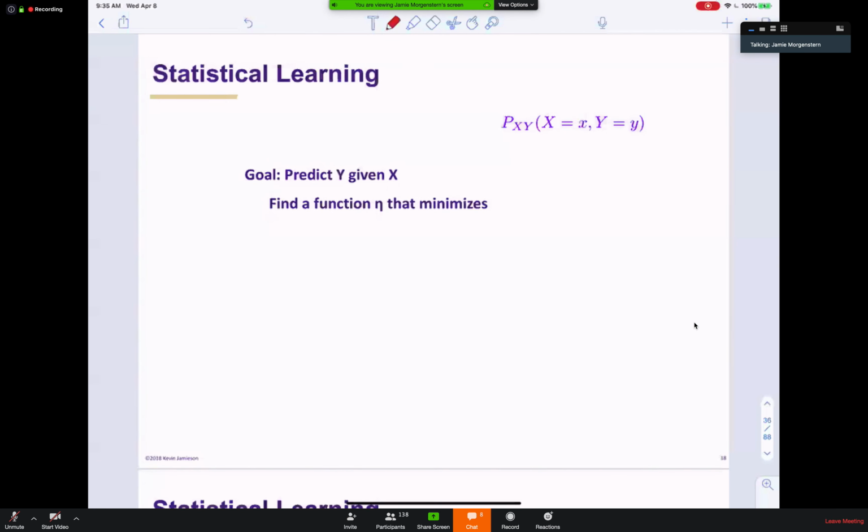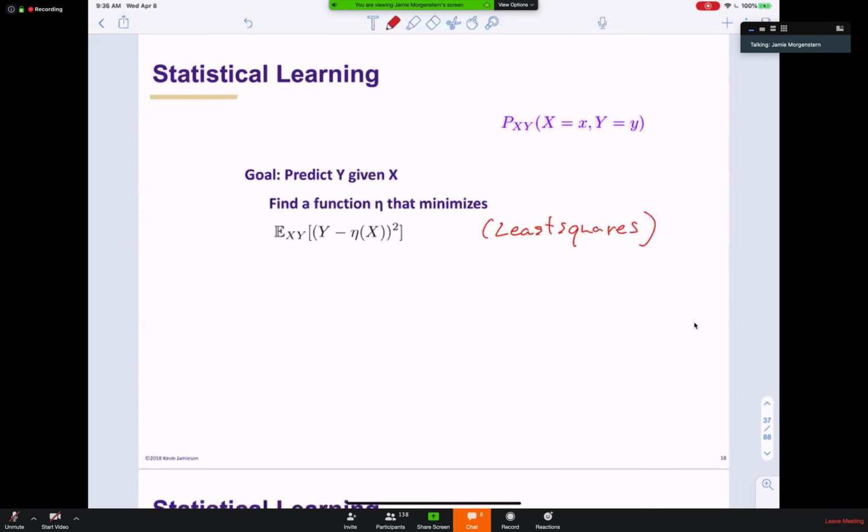So more formally, we're generally looking to find a function eta that minimizes our loss. And if we're thinking about least squares, this will be the loss that we're looking to minimize.